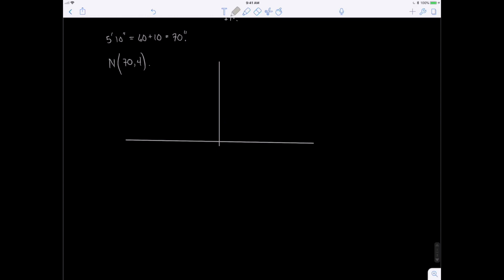Okay, and then I'm going to sketch my normal curve. Hopefully it comes out reasonably symmetrical. I always find one side is easier to draw than the other.